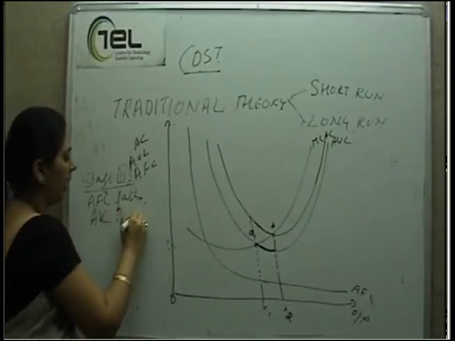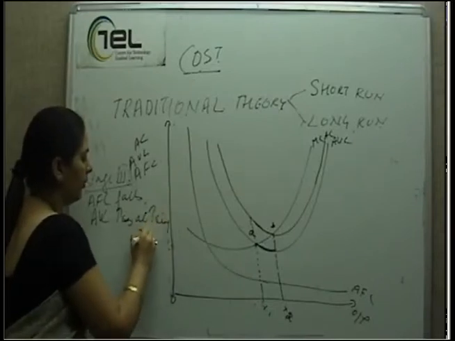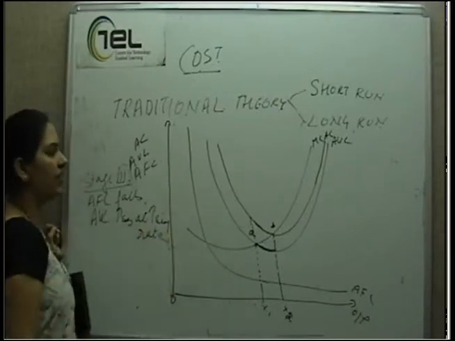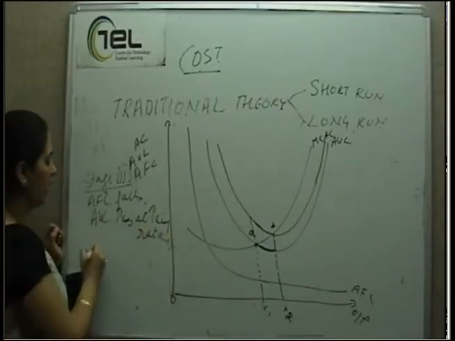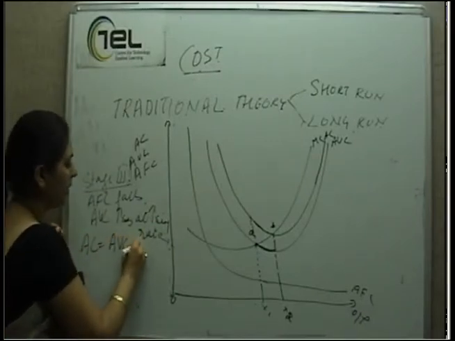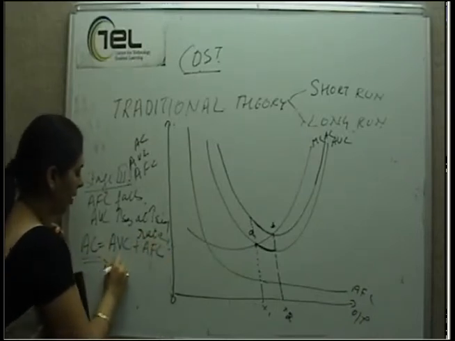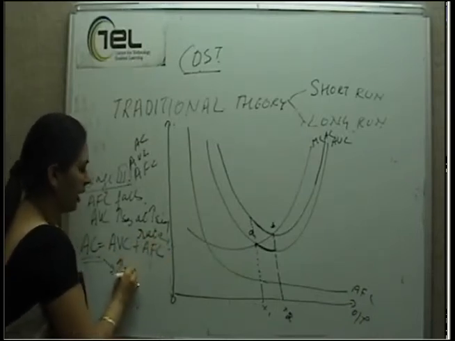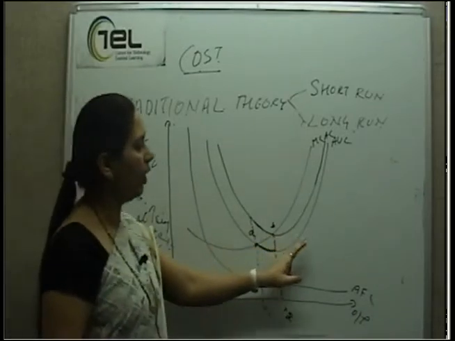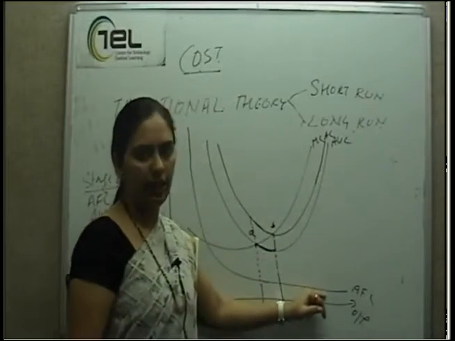When AVC rises at an increasing rate, then AC, which is nothing but the summation of AVC plus AFC, also rises, because in this stage the impact of the rise in AVC is more than the fall in AFC.